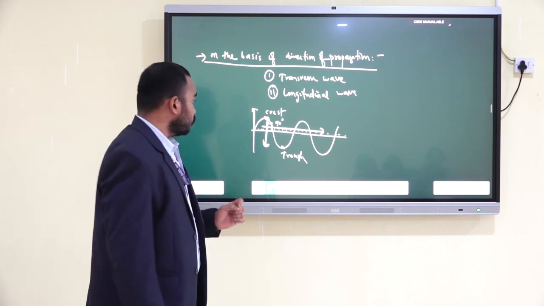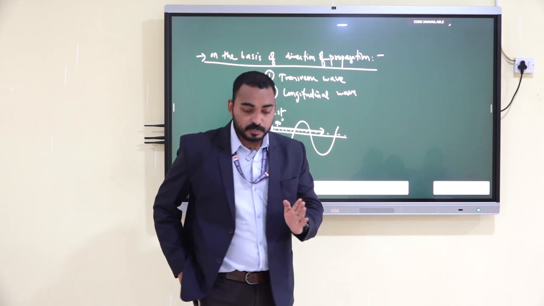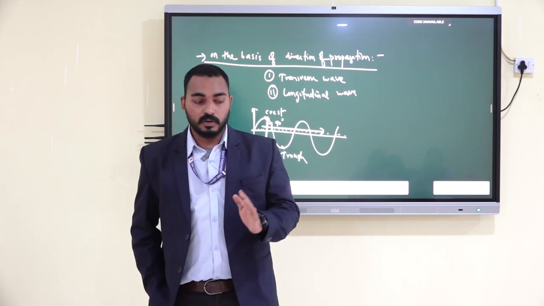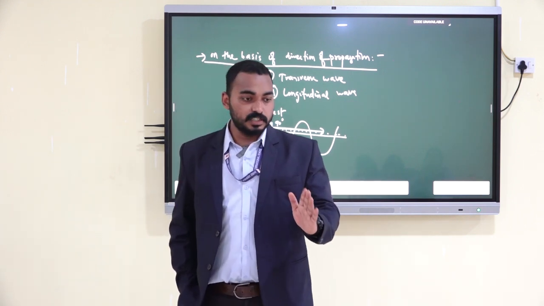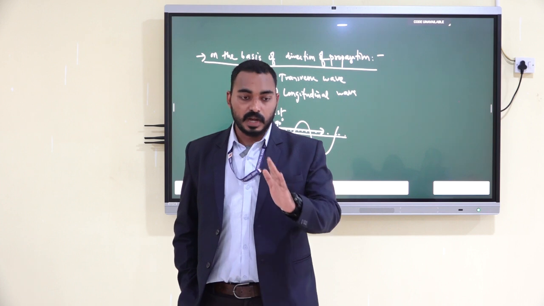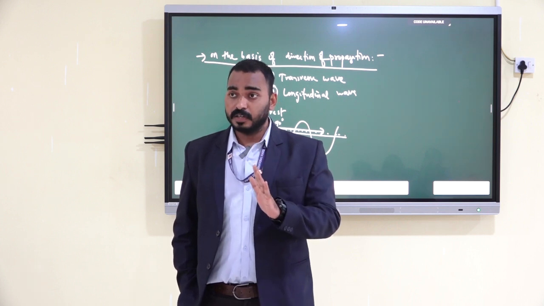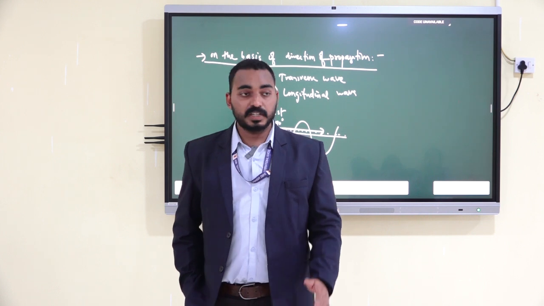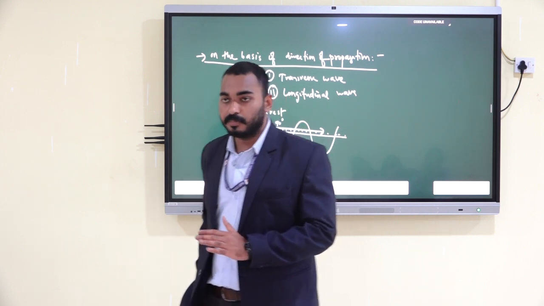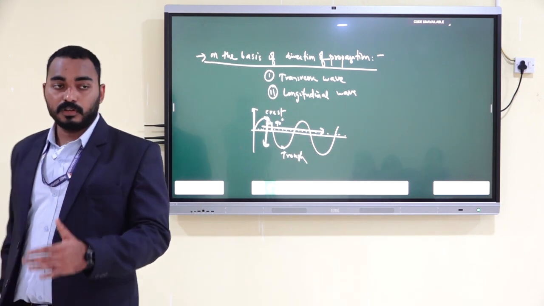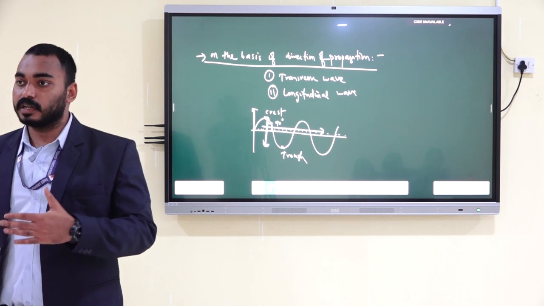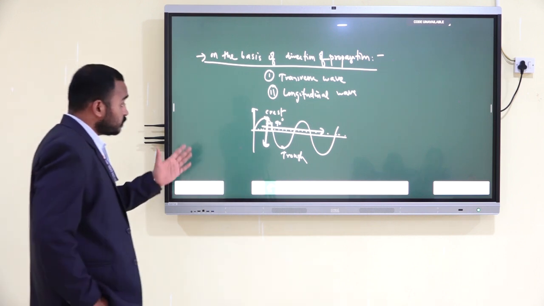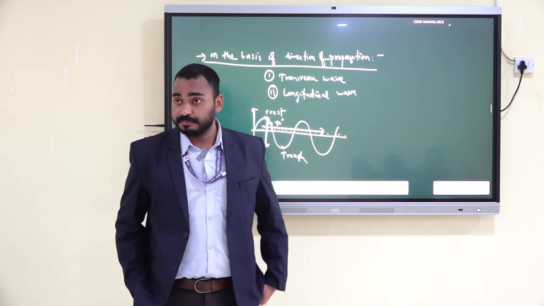And how to know that this particular wave is a transverse wave, how can you know? First we will see whether there is a crest or trough. If there are multiple crests or multiple troughs, then we can know that this particular wave is a transverse wave.